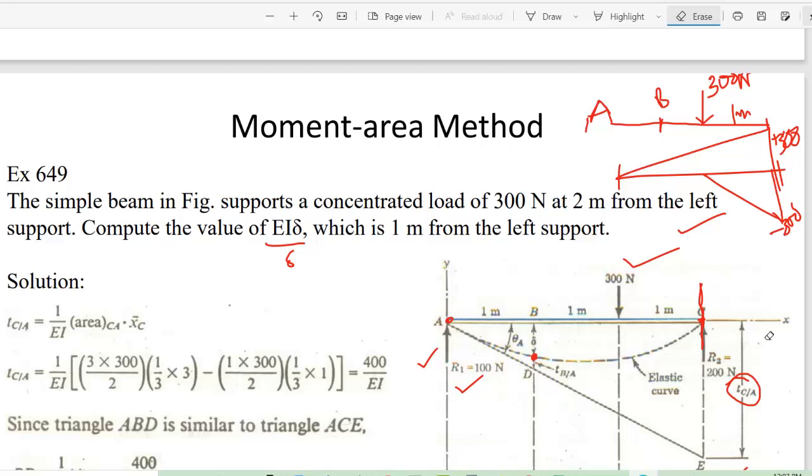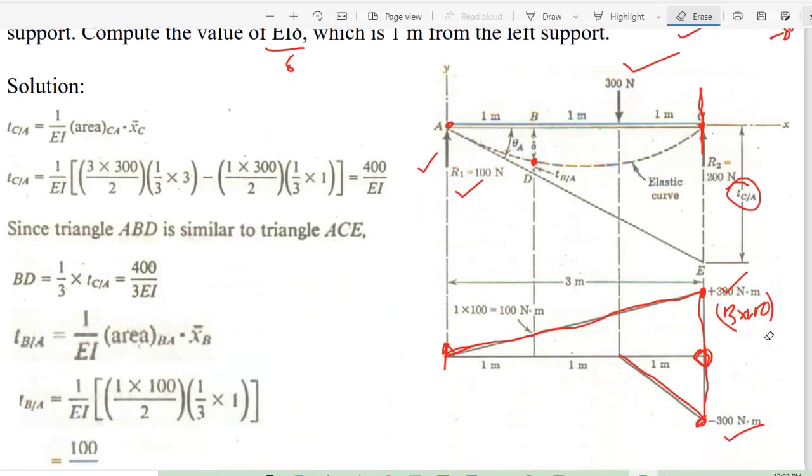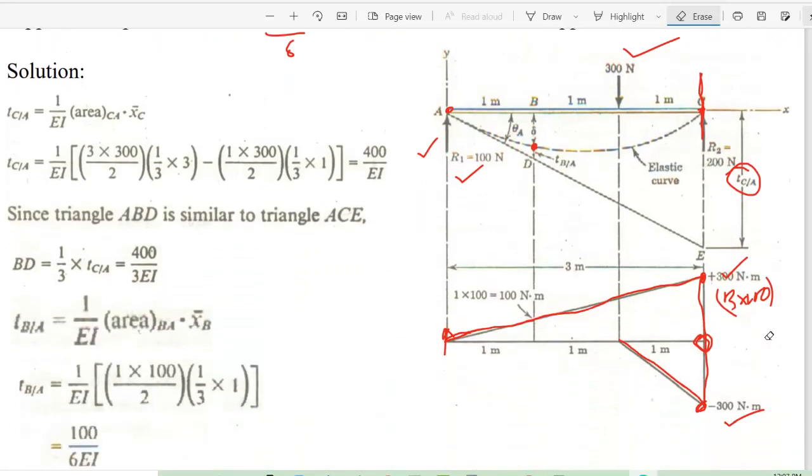What will be the moment at point C? 1 into 300, 300, and counterclockwise minus. So ultimately, if you take the summation at point C, plus 300 minus 300, 0. As you know, if you take a section, the equilibrium should be maintained. Okay. So once you understand this part, then your life becomes very easy for this problem.